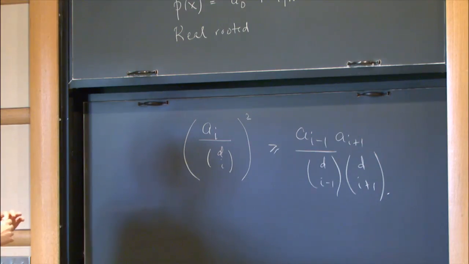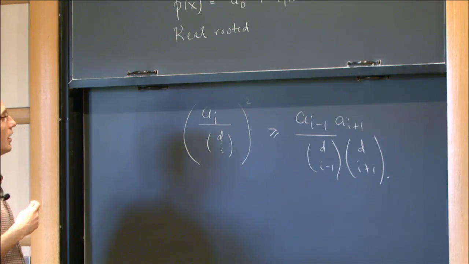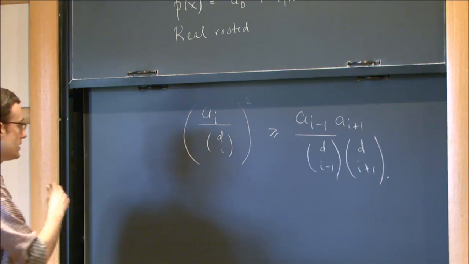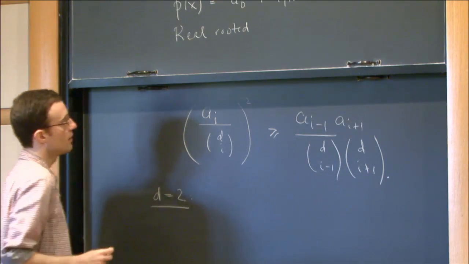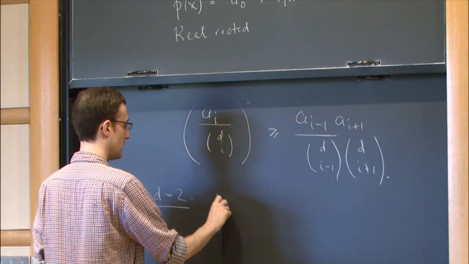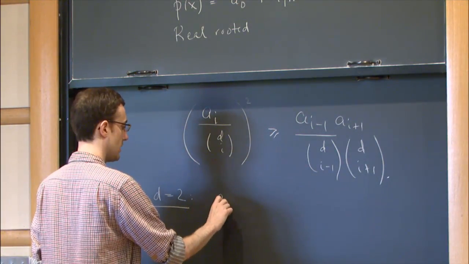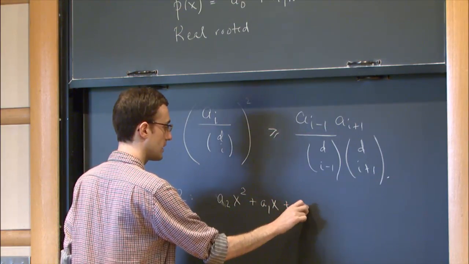And they are fairly easy to prove. So why don't I do it right now? You can prove this by induction. The case when d equals 2 comes down to, so that means I have a2x squared plus a1x plus a0.